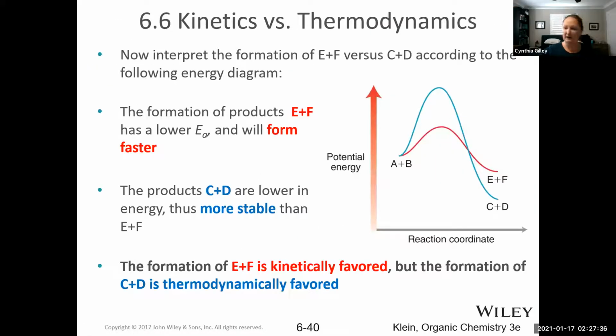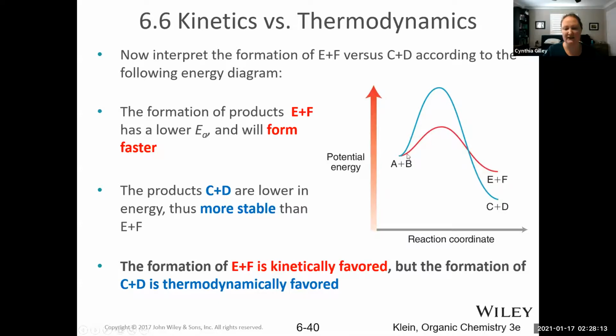Okay, moving on then to chapter 6 and kinetics versus thermodynamics. This is an important point that will come up several times in organic chemistry too. If we have a pathway where we have reactants, or even an intermediate in the reaction, that is identical, and then it can go off into two different paths, forming different products, for example C plus D or E plus F, then it's possible that there is a pathway that has a lower activation energy.